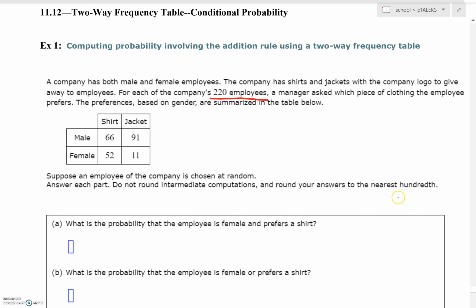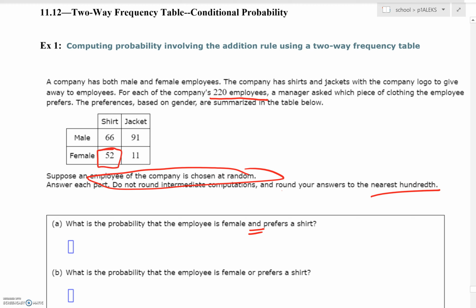So we're going to go to the nearest hundredth, and what is the probability that you randomly select an employee, and that person is a female and prefers a shirt? So you have to be a female and you have to prefer a shirt.